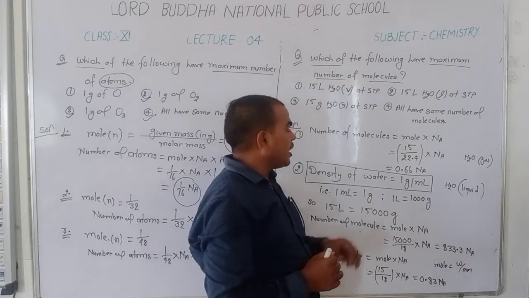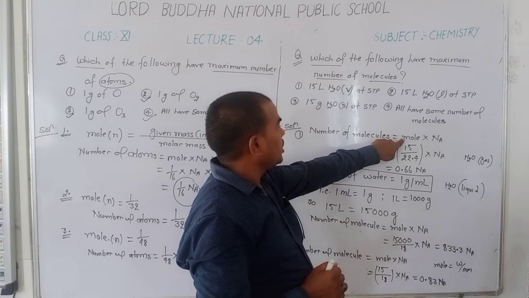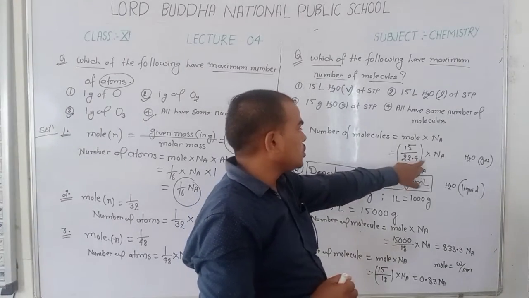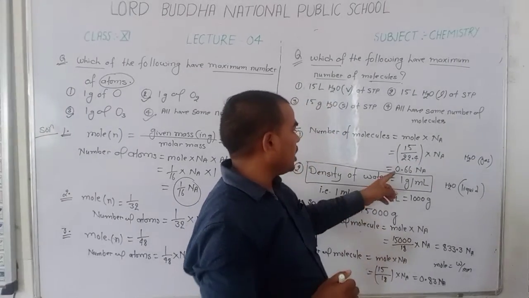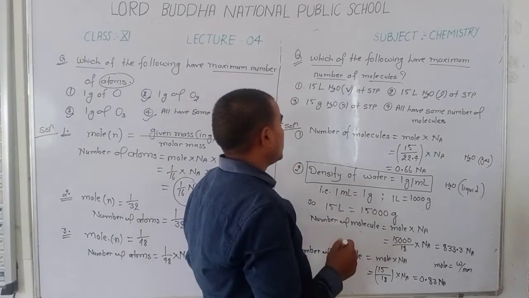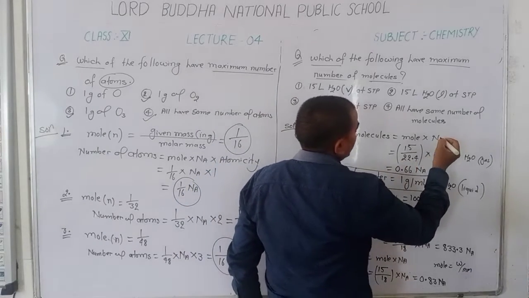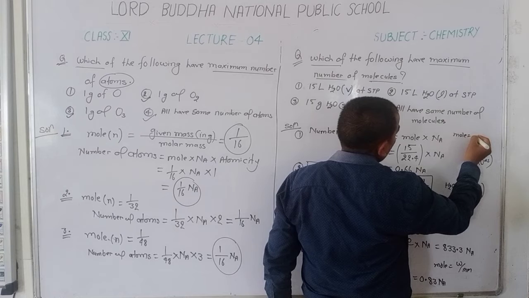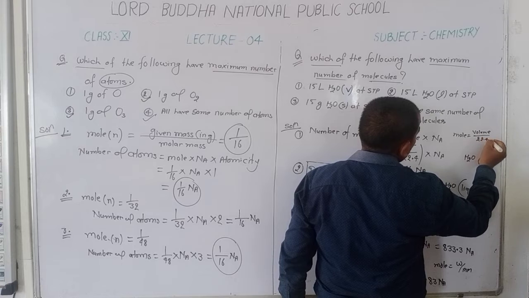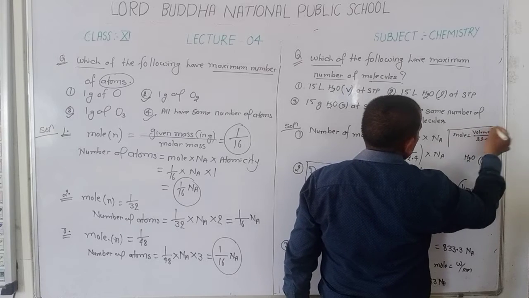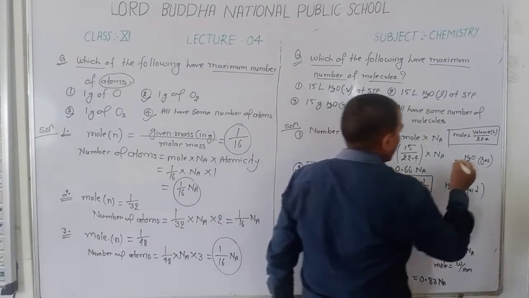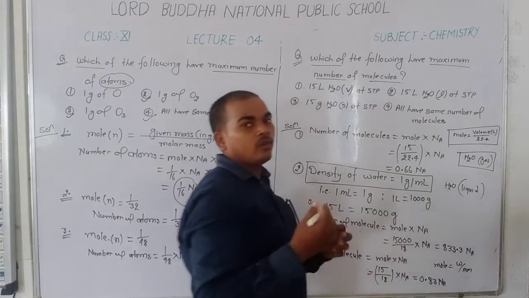So put the given 15 liter upon 22.4 into N. The final calculation is 0.66 N. The formula mole equal to volume upon 22.4 is used only when water is gas, or only for gas.